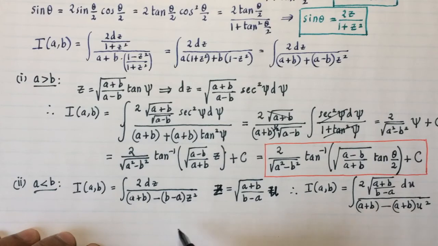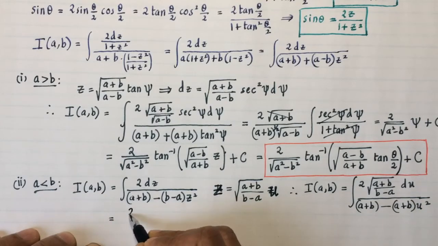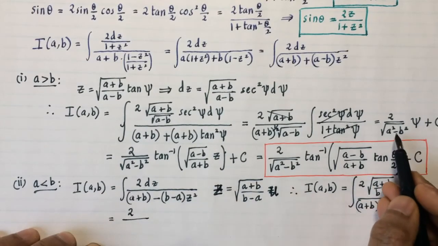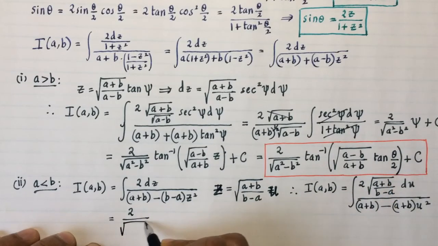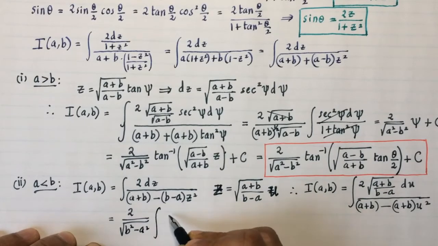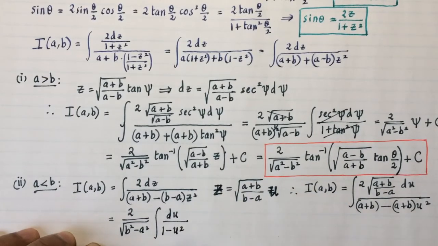Now that's a very simple integral. Once again, I'll have this a plus b common, and that'll cancel out the a plus b there, so I'm going to get 2 divided by, instead of a squared minus b squared, I'll end up getting b squared minus a squared. And that'll be the integral of du over 1 minus u squared.